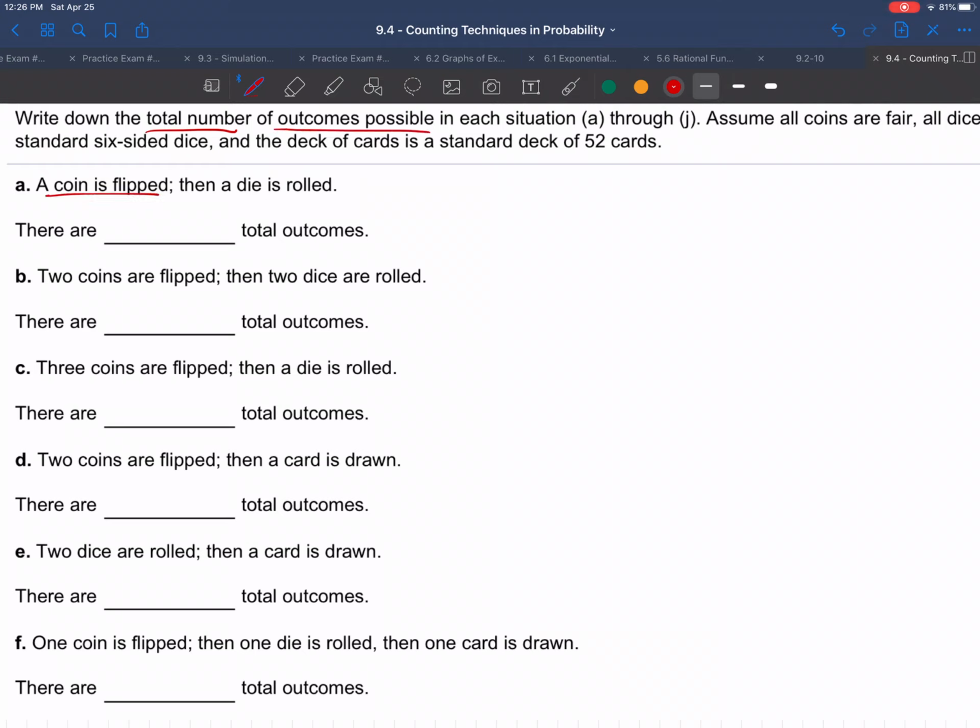So if you flip a coin, then roll a die, how many different things can happen? Well, that's an action followed by an action, isn't it? So if you flip a coin, what can happen? You can get heads or tails on that coin.